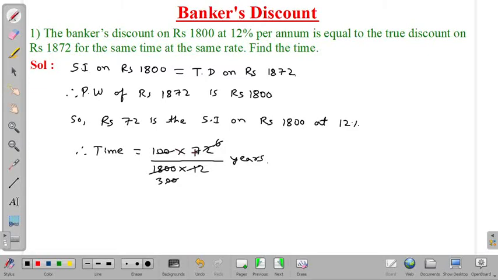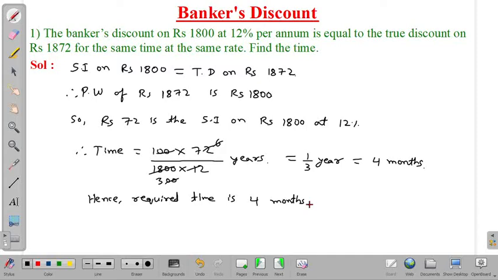The zeros will get cancelled, and we will get 1 by 3 years. If we convert this into months, we multiply by 12, so it will be equal to 4 months. Hence the required time is 4 months.